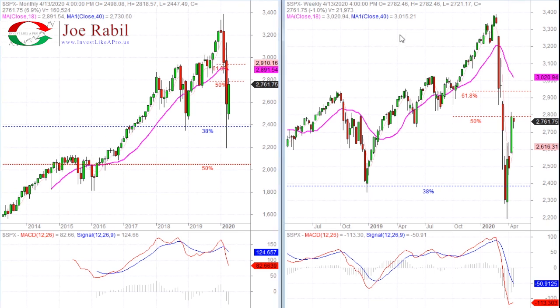If I go to the weekly on the right, it becomes pretty clear. You were in an uptrend for most of 2019, and then you had a really hard down move. Now the 18 is declining, but notice how far away we got from that line. I think it's real important to take that into the equation because when you're getting really far away from a specific 18 MA, it tells you have pullback risk, or in this case, rally risk against you.